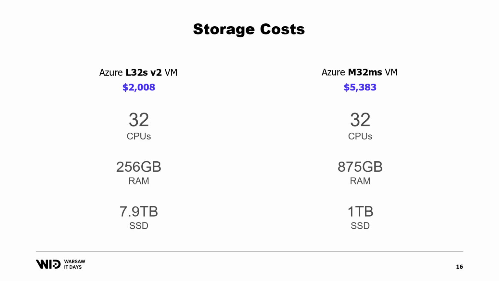For about $2,000 per month, you get almost 8 terabytes of persistent storage. On the right is the M32MS, part of a series optimized for memory. And for more than 2.5 times the cost, you get only 875 gigabytes of RAM. If my program runs on the machine on the left and takes twice as long to complete, I am still winning on cost.